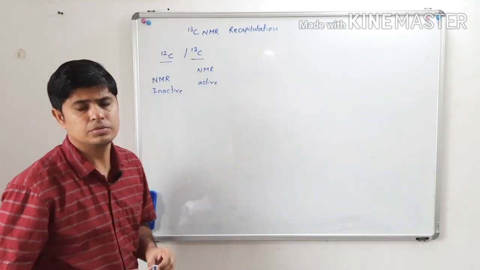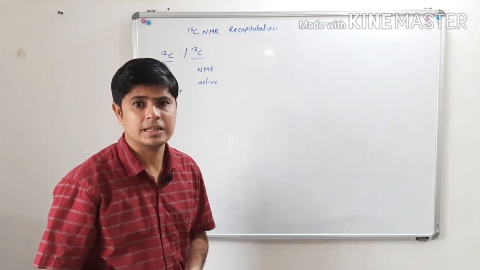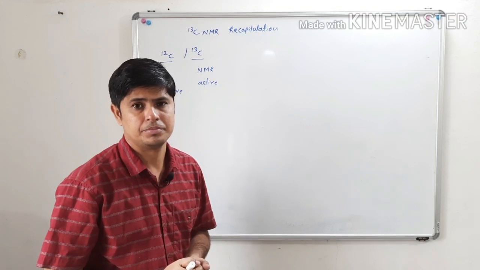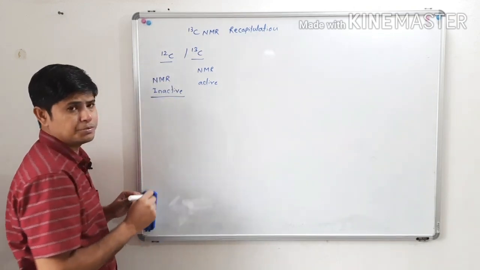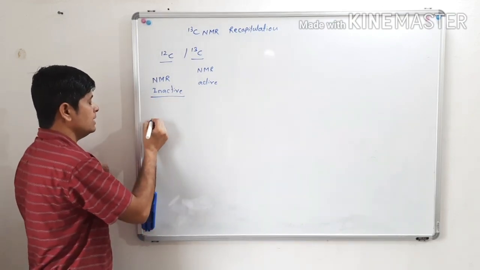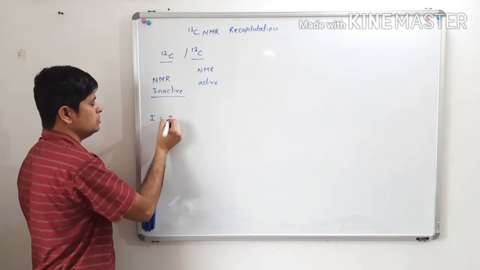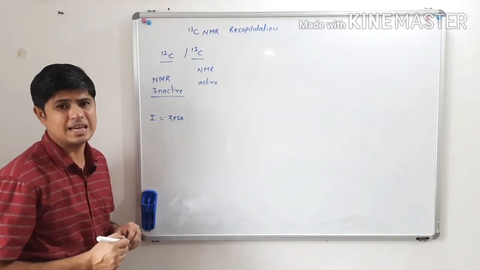Why is it so? Why is carbon 12 NMR inactive while carbon 13 is NMR active? If we find the answer to this question, you will find that carbon 12 has I equal to 0. Its spin quantum number I is equal to 0.